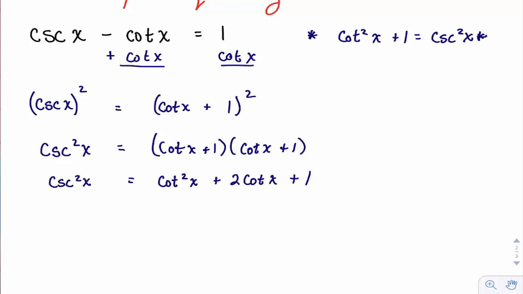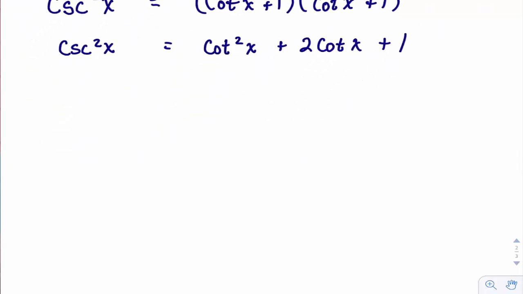So at this point, I have the opportunity to rewrite everything in terms of cotangent, which I couldn't really do before. I had the option of maybe changing everything to sine and cosine, but I would still have two trig functions, and that would have been an issue. But now I can write this all in terms of one trig function because I used my trig identities. So at this point, I'm going to write cosecant squared as cotangent squared plus 1.